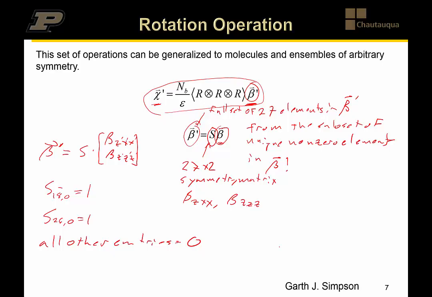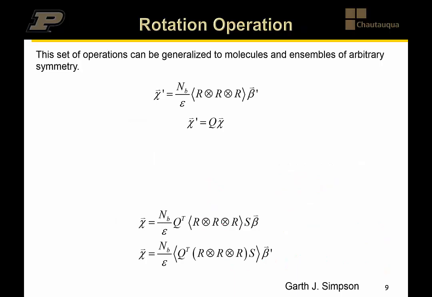We can do the exact same thing on the backside, because what we have is a set of 27 elements in chi, but we actually only care about the 6 unique non-zero ones that are allowed in a crystal of P212121 symmetry. So how do we approach that? Well, the exact same thing.